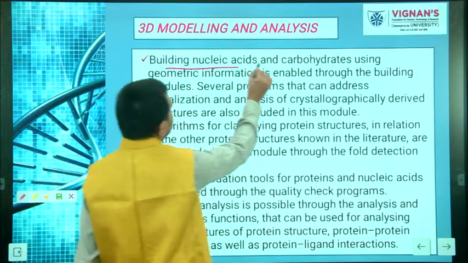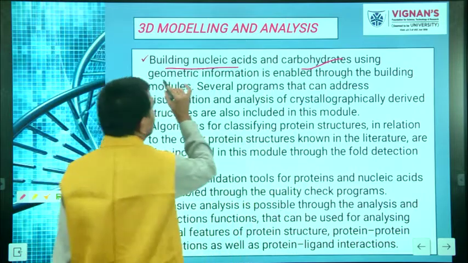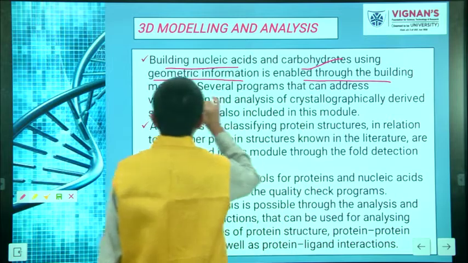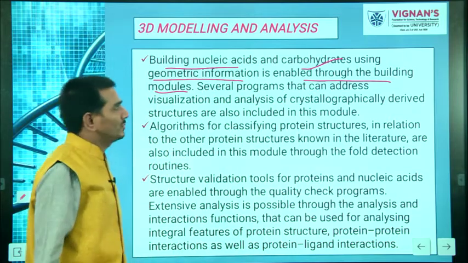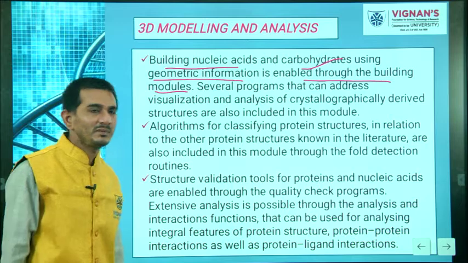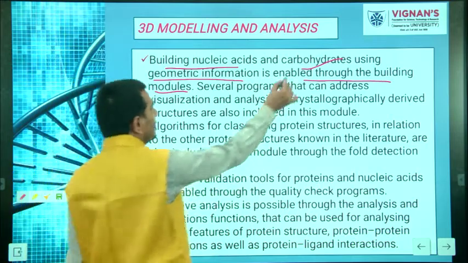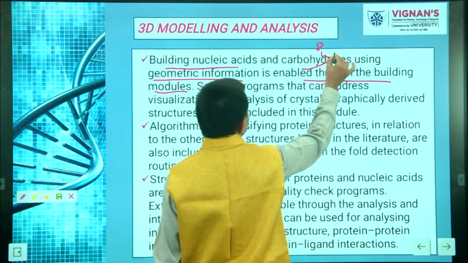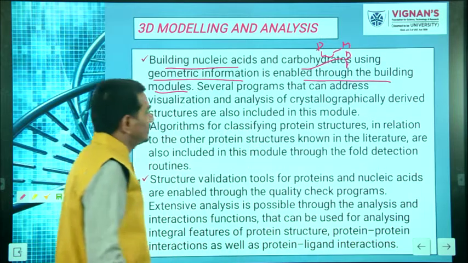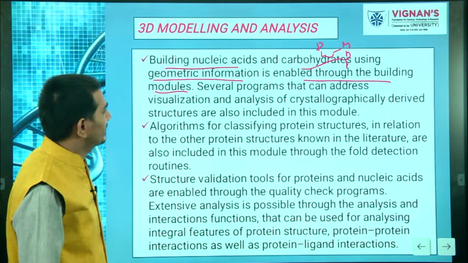Building nucleic acids and carbohydrates using geometric information is enabled through the building modules. Here we are able to build structures of nucleic acids and at the same time structures of carbohydrates, maybe pentose sugar, hexose sugar, monosaccharide, disaccharide or polysaccharide.